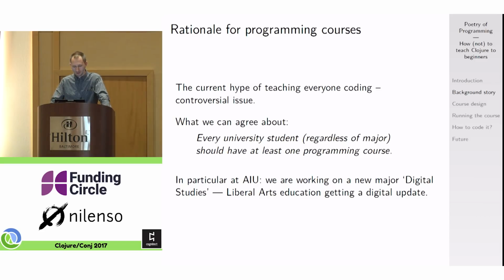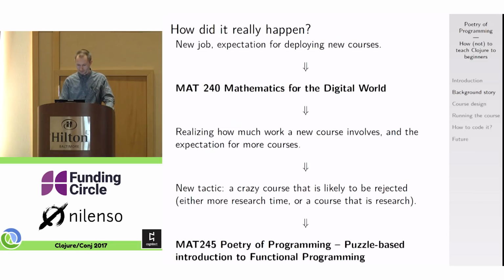In particular, at AIU, we are working on a new major called Digital Studies, which you might think of as liberal arts getting a digital upgrade. Well, that was the official rationale.